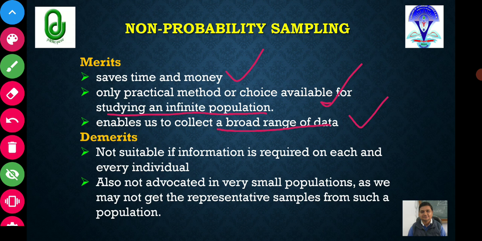It is not suitable if information is required on each and every individual. If you want each and every individual observation, then we cannot do non-probability sampling. Also, it is not advocated in a very small population. Why? In a small population, we cannot do this judgmental sampling because the sample will not be the representative one.